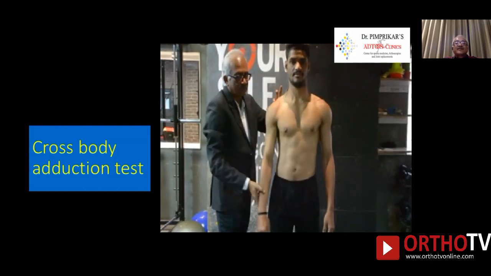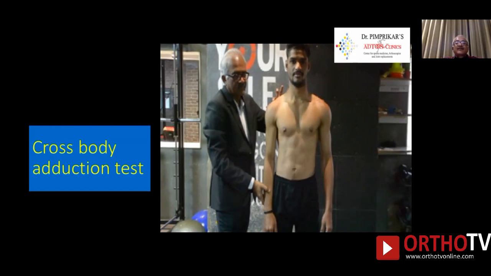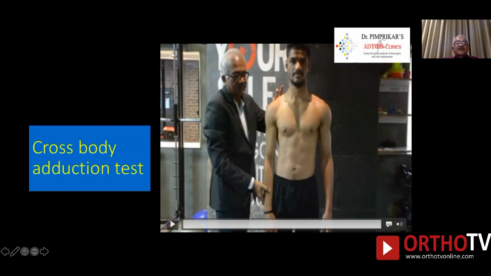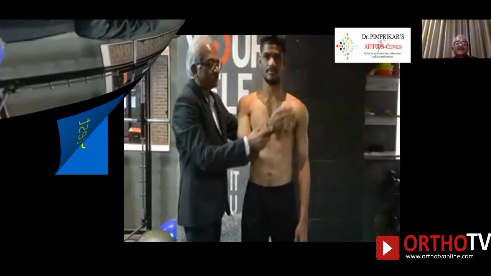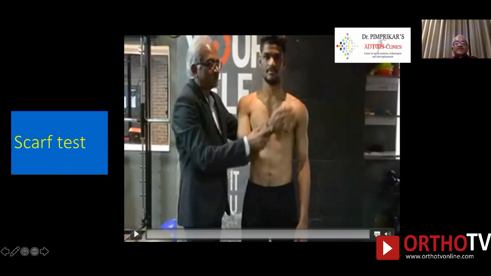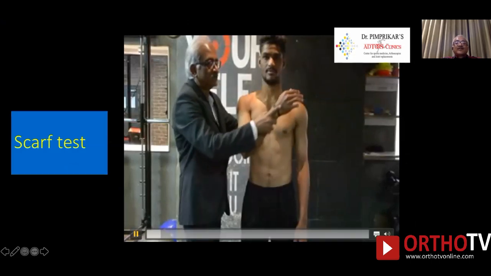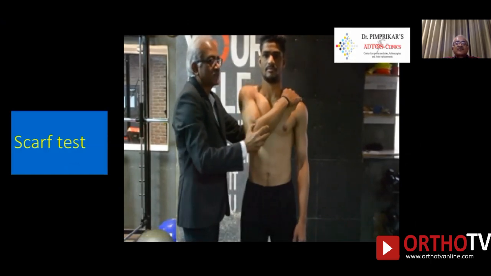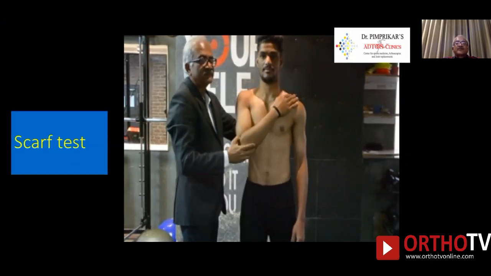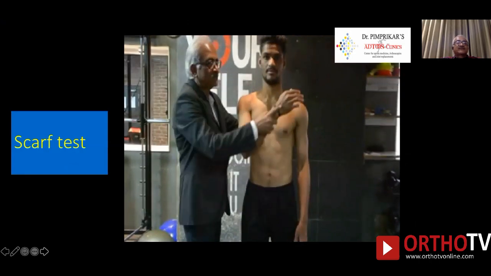If the patient complains of pain at the site of the acromion, we probably say that the patient has got an AC joint pathology. A second test is called a scarf test, wherein the patient puts his hand onto the opposite shoulder. It is elevated to 90 degrees and the elbow is pushed across the body. If the patient talks of pain at the acromioclavicular region, it talks about AC joint pathology.